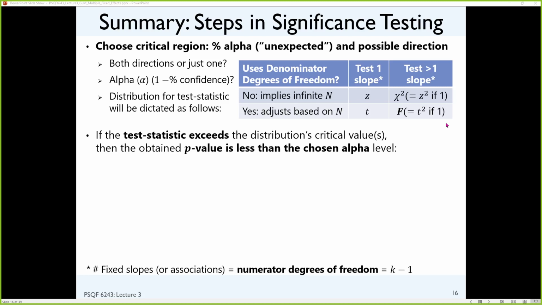If I want to know if group as a concept is a significant predictor, that's a 2-slope question. I need f to do that. So f is for lumping slopes together to get a joint test for them. And if I only have one slope, t squared is f. It's the same thing.